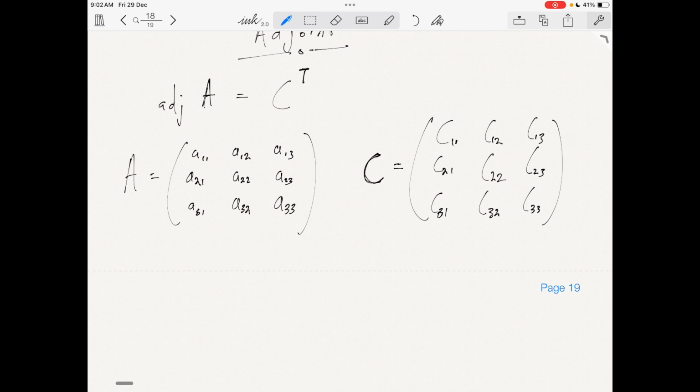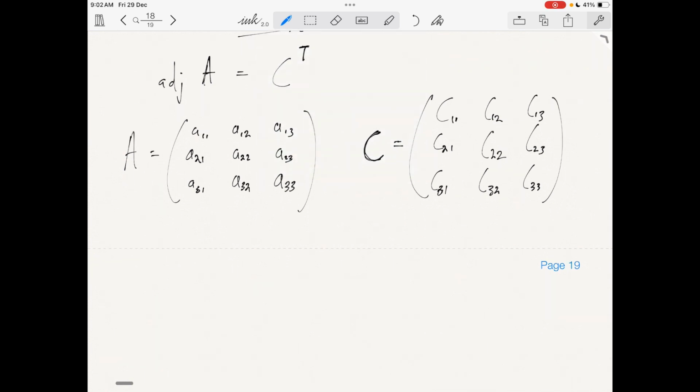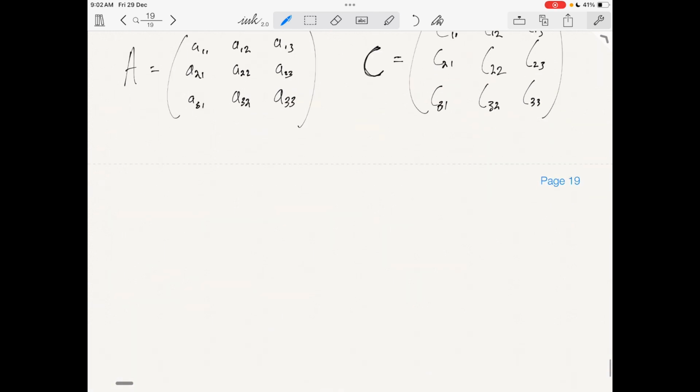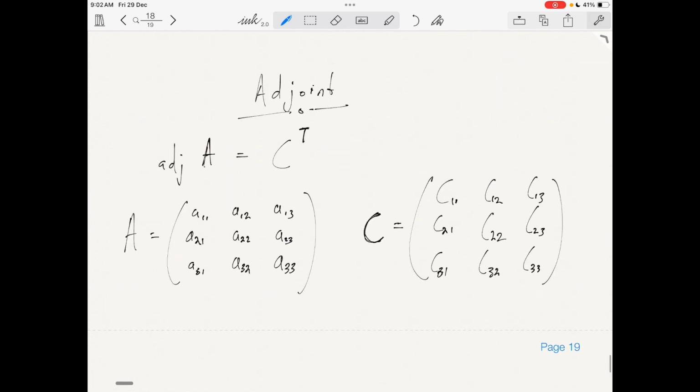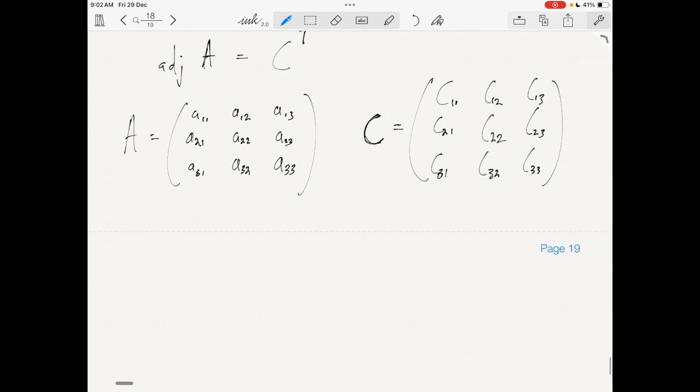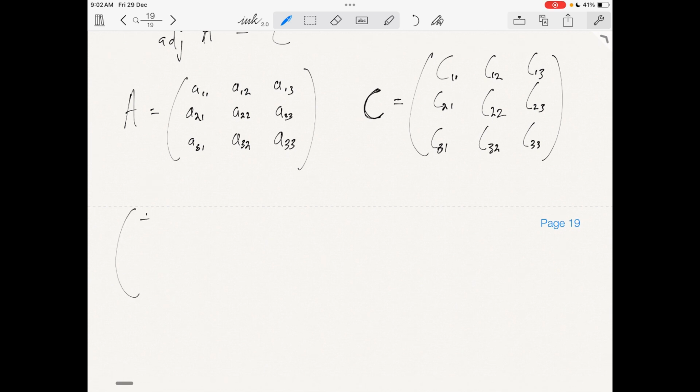Now, how then do we evaluate our cofactor? Remember when we were doing the determinant of a 3 by 3 matrix, we had our standard sign pattern, starting with a positive sign at the top left corner, followed by minus, followed by plus, and it continues that way.